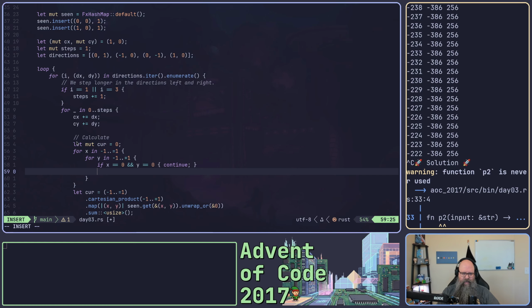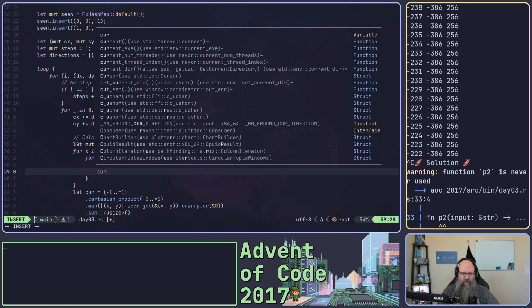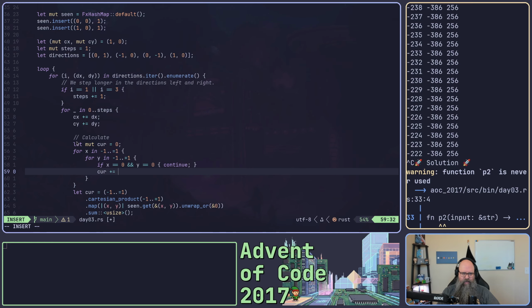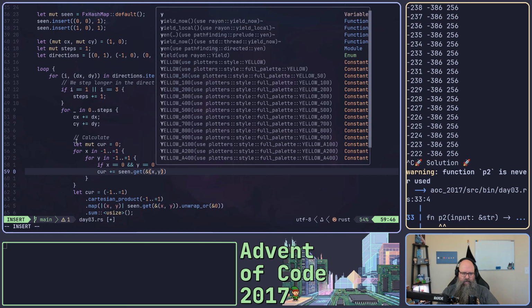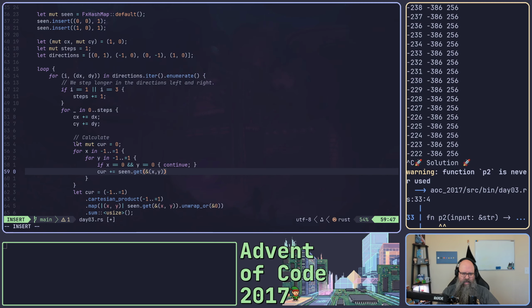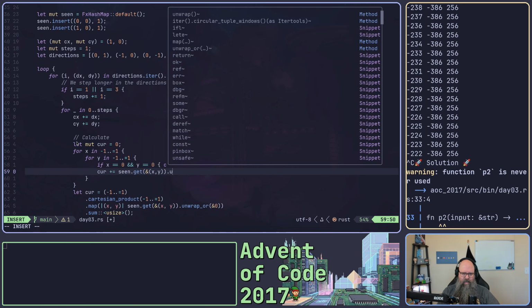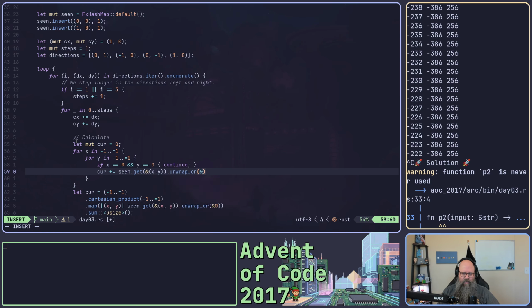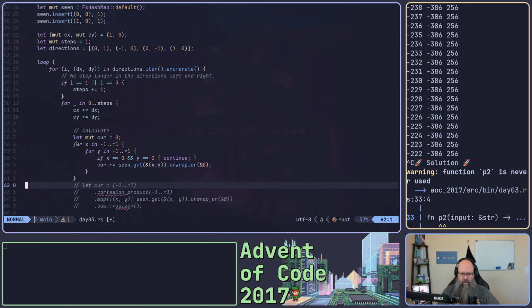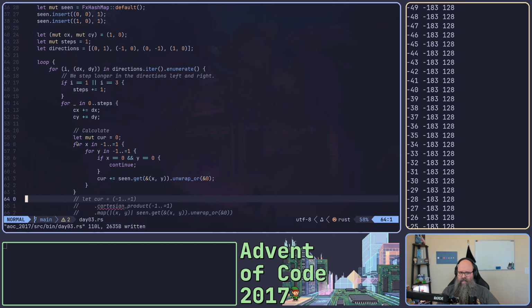It actually shouldn't be in our hash map, so it should return 0, but we just do cur plus equals scene.get xy dot unwrap for 0. Does that suddenly fix it? Doesn't appear so.